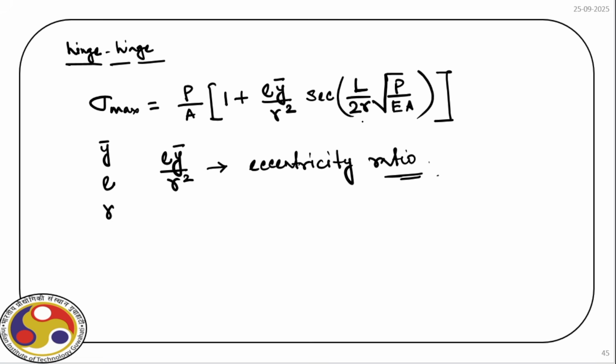In reality, whenever we construct a column, it's very difficult to apply the compressive load at the center line of the column. Invariably some amount of eccentricity comes, and today in the first example we'll see how to use this secant formula to evaluate sigma max, and we'll see what is the impact of this eccentricity over the stress in the extreme compressive fiber.